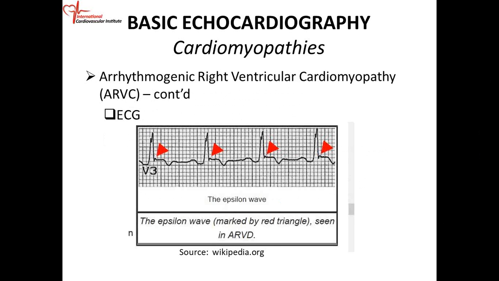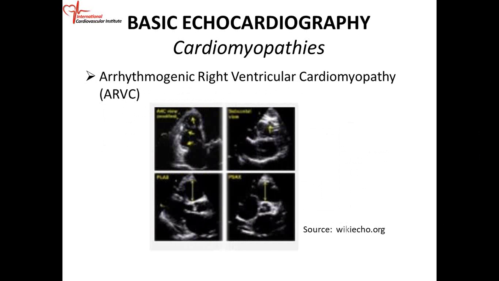So if you have a young individual with frequent PVCs, probably ventricular tachycardia, and a left bundle branch block morphology in the ECG, and you see these terminal so-called epsilon waves, then it's suggestive. All right.